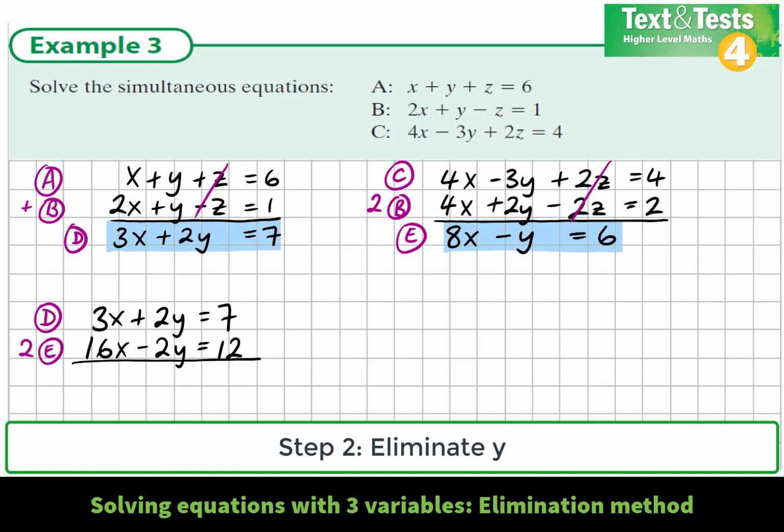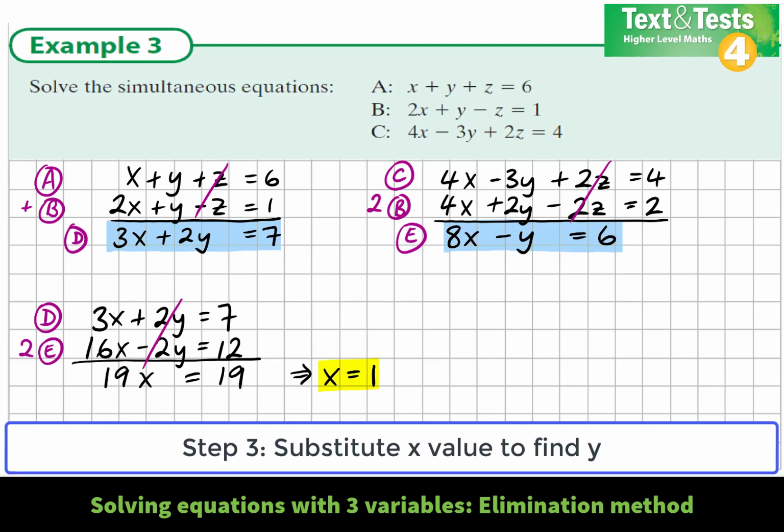So this works because I have a 2y and minus 2y. Again, they're eliminated because they add up to 0. So I have a 3x and a 16x, that's 19x, and a 7 and a 12, and that's 19. So if 19x equals 19, it's obvious that x is equal to 1.